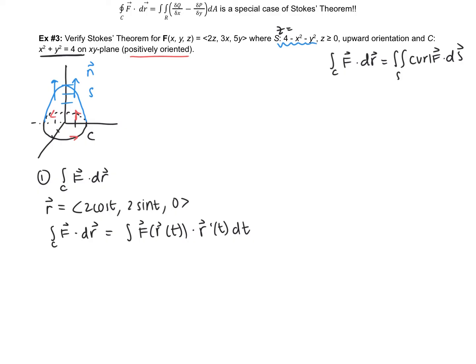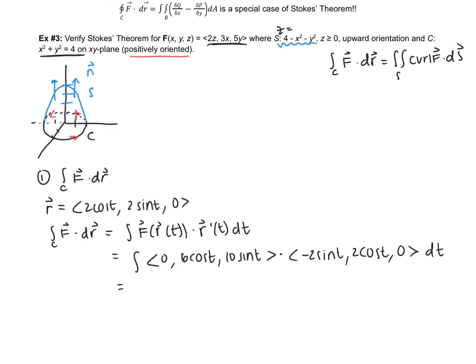If we do that using our f from above, 2z is going to give us 0, 3x is going to give us 6 cosine of t, and then 5y will give us 10 sine of t. And we're going to dot that with r prime, which is negative 2 sine of t, 2 cosine of t, and 0, dt. This gives us the integral of 12 cosine squared of t dt, and t, being our parameter, goes from 0 to 2 pi. And I'm just going to tell you that that ends up being 12 pi.